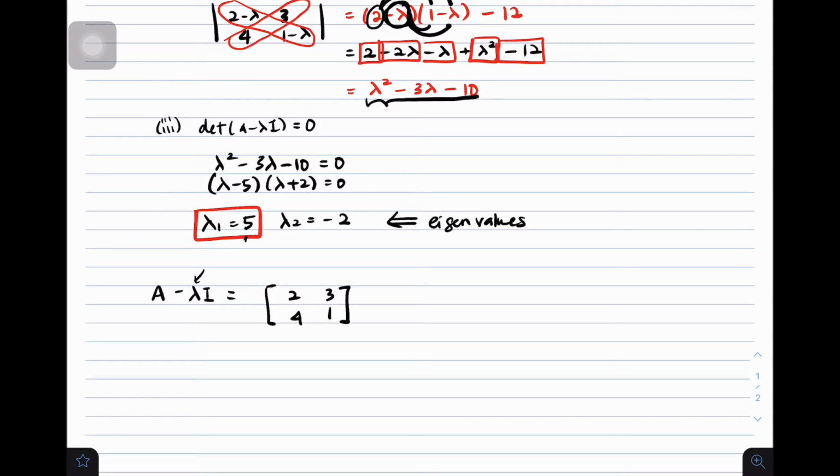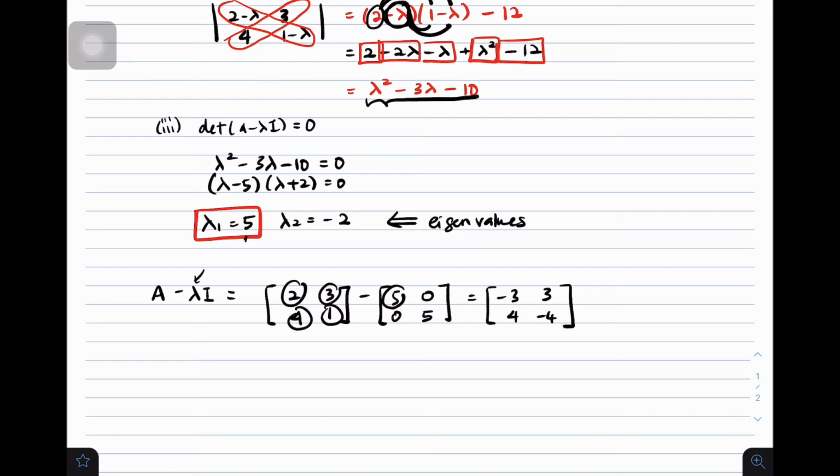Therefore you subtract the matrix 5, 0, 0, 5, which is lambda I. What you get here is 2 minus 5 is negative 3, 3 minus 0 is 3, 4 minus 0 is 4, and 1 minus 5 is negative 4.